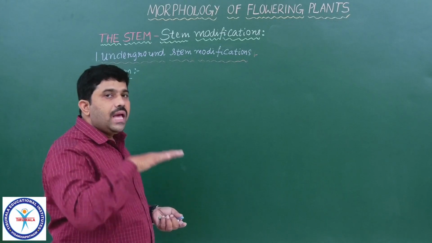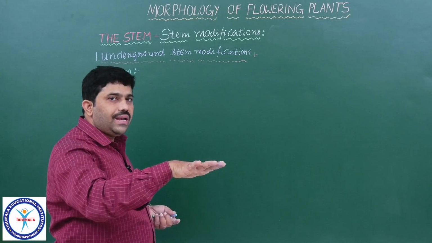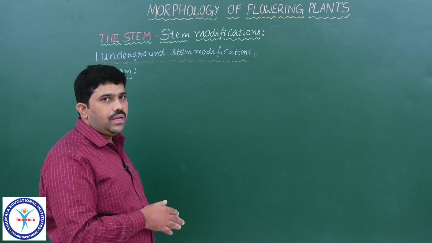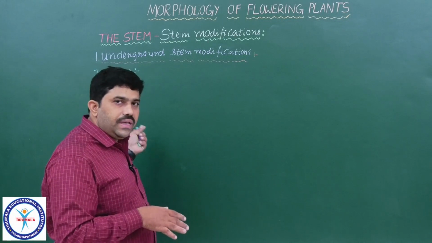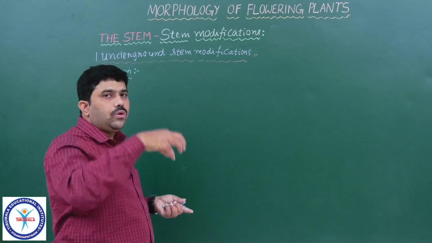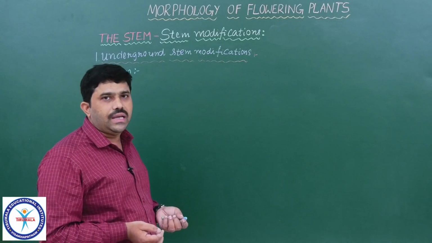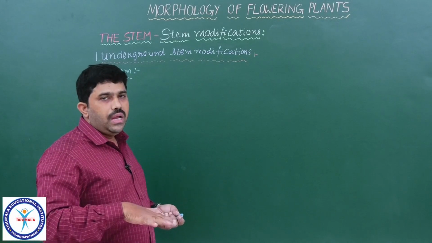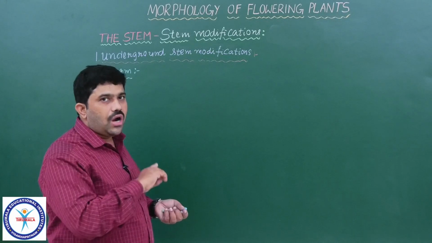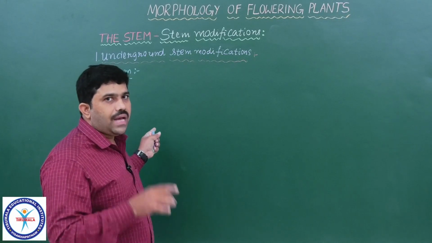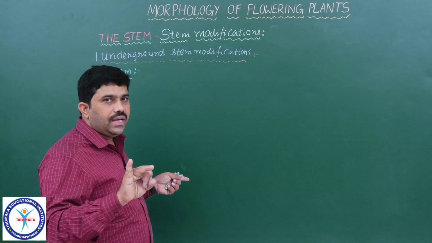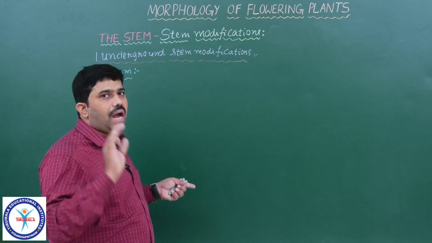And one more thing: a rhizome grows horizontally or parallel beneath the soil, but here it is also beneath the soil surface, but it grows vertically. It is not expanded in form, and it is not branched. So a corm is an unbranched, vertically growing part of the underground stem.